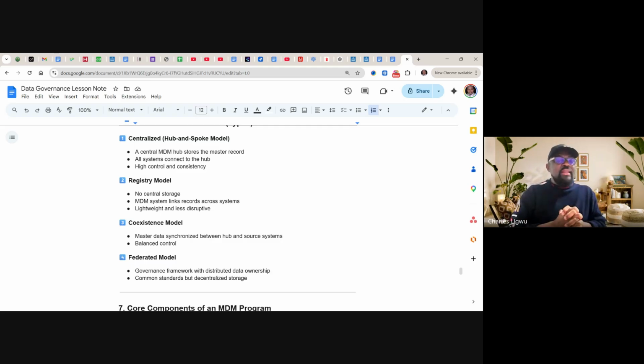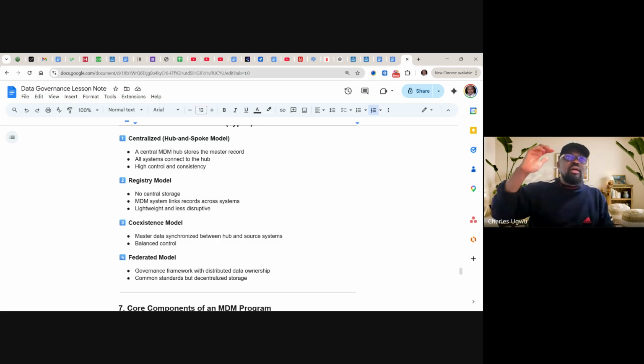For instance, if INEC is using a centralized model, anywhere you are registering for INEC is going directly to the central database. If I'm in Enugu and I register for an INEC voter's card, automatically it goes to the federal portal or the unified portal.